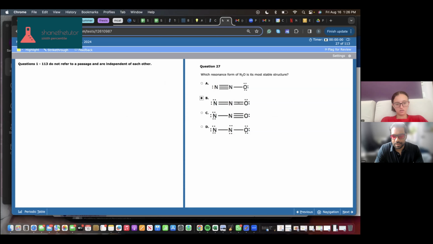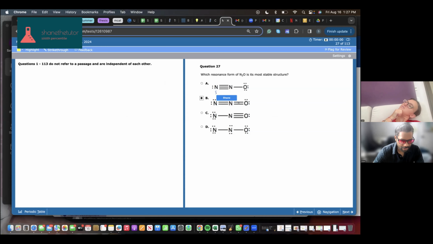In general you want the charges on the atoms to be as close to zero as possible. For the nitrogen atom, like this one, you have one, two, three, four, five bonds, and nitrogen has five valence electrons.